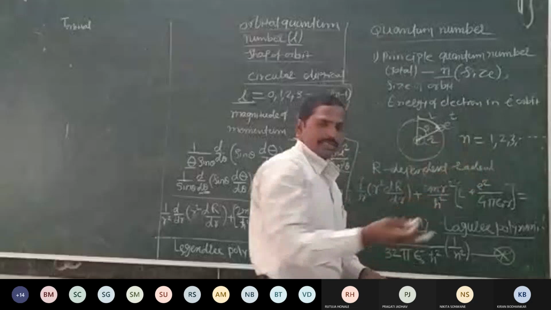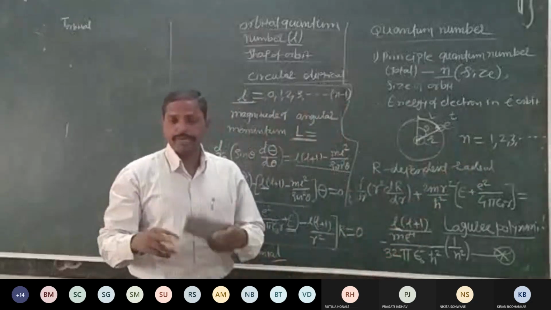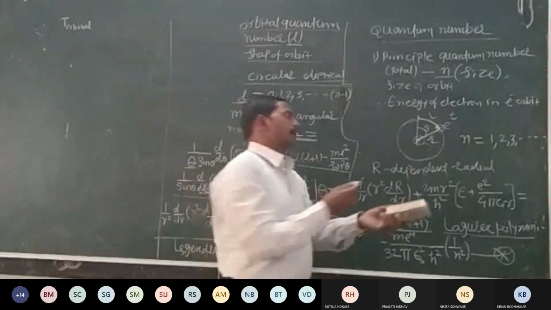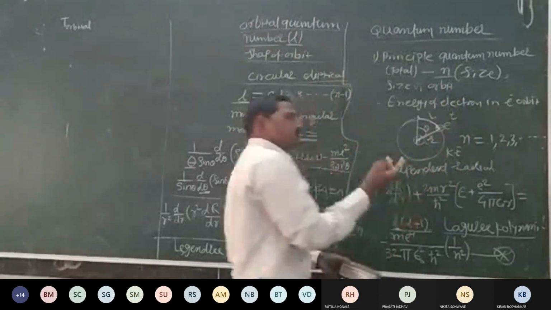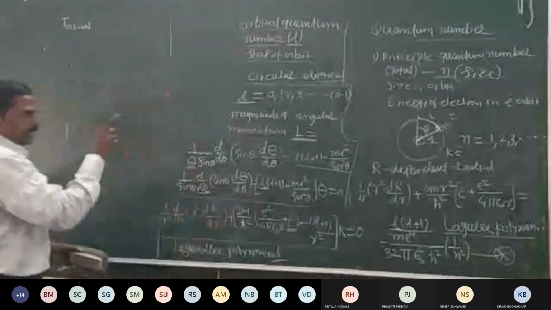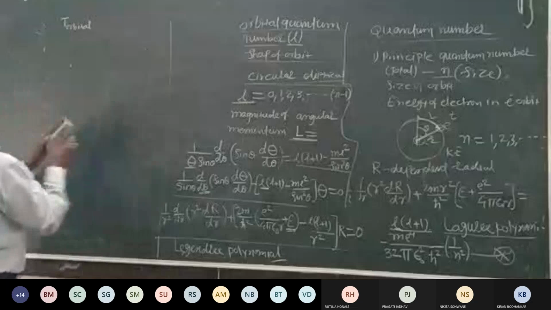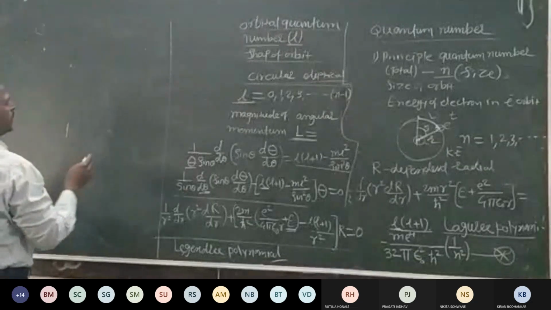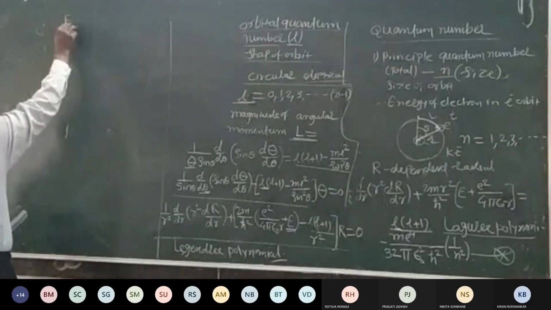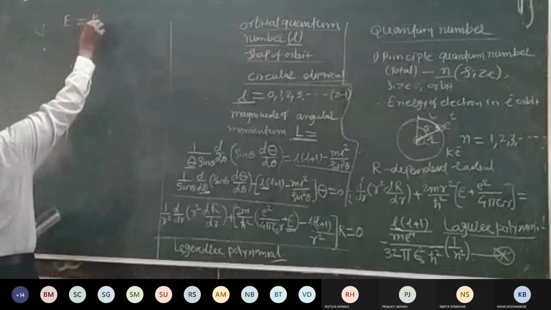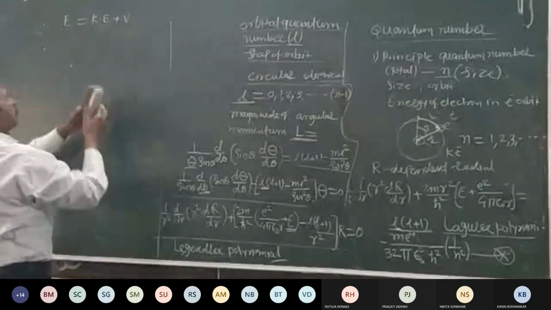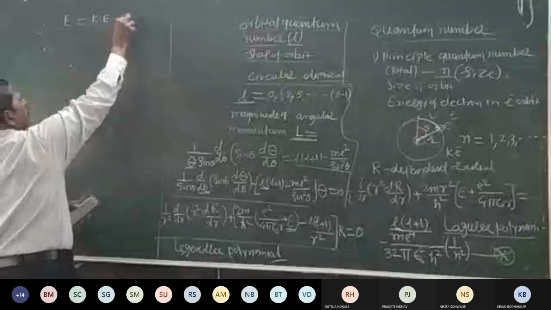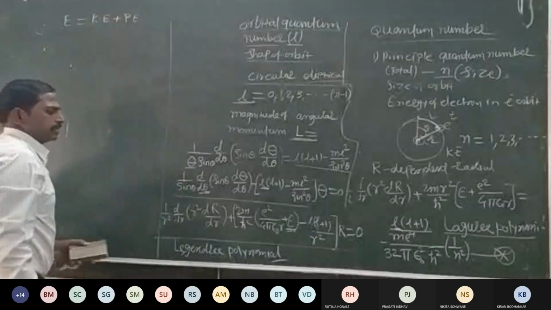Let me say that the angular momentum is there. Momentum is there means it has the kinetic energy. So the total energy of that electron in the orbit is equal to kinetic energy plus potential energy.